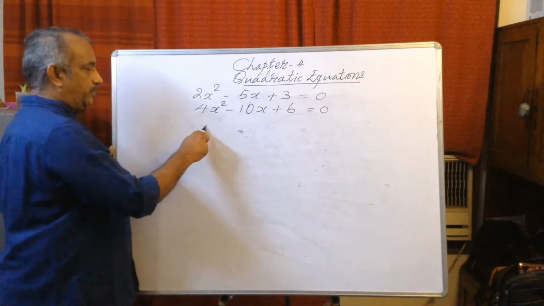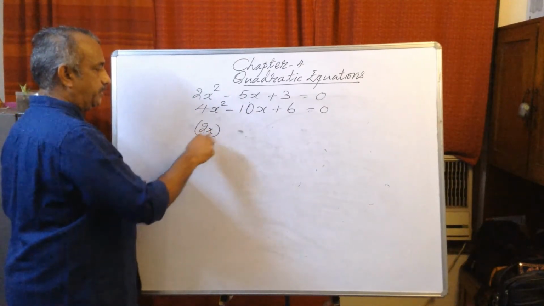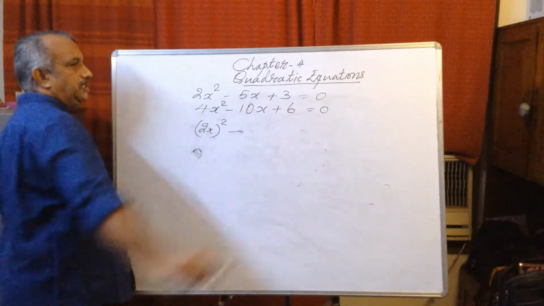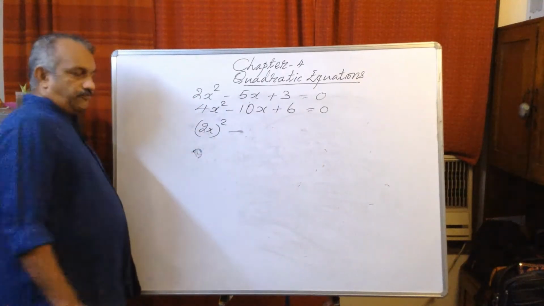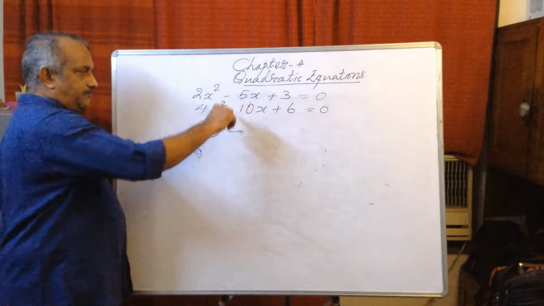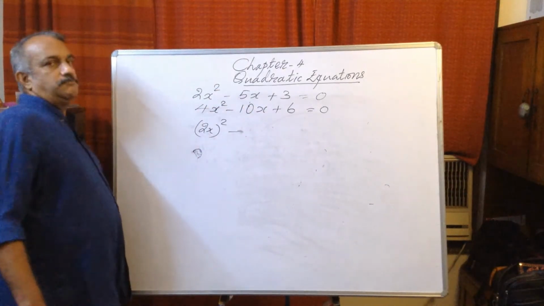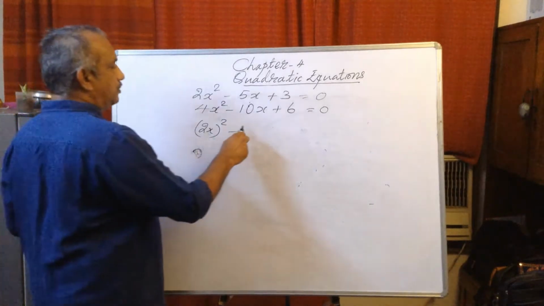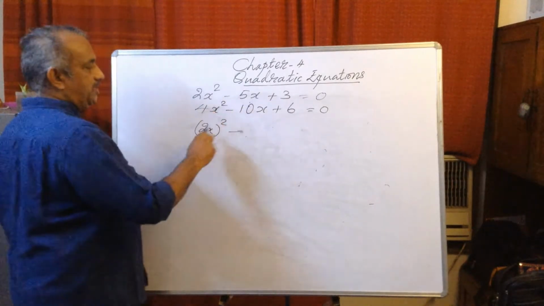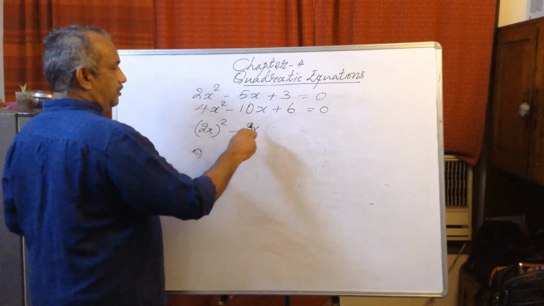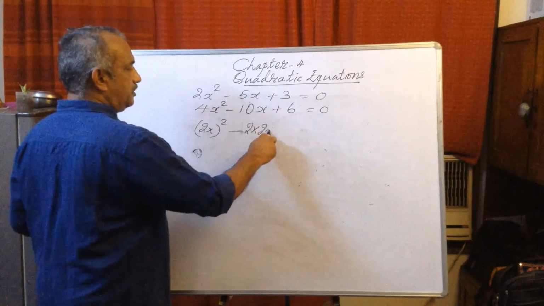Now this 4x square is 2x the whole square, minus. Now the first three terms we are going to write in the form a square minus 2ab plus b square. So minus 2ab: we have to find b, 2 into a, 2x into.